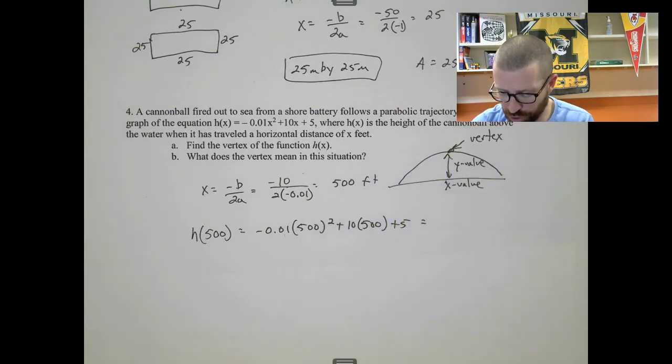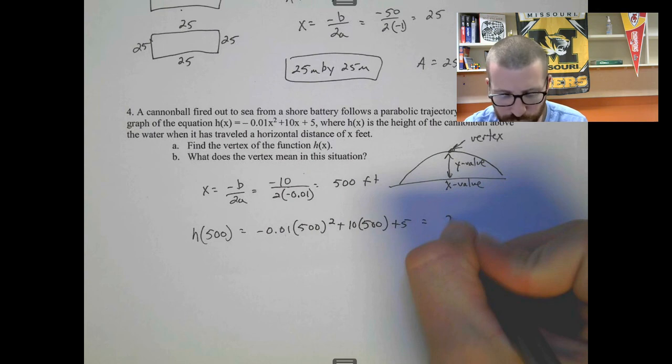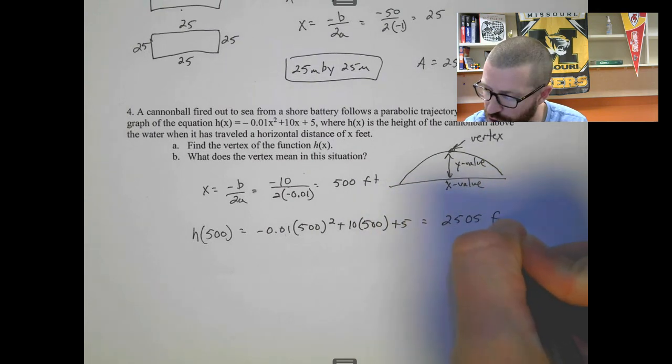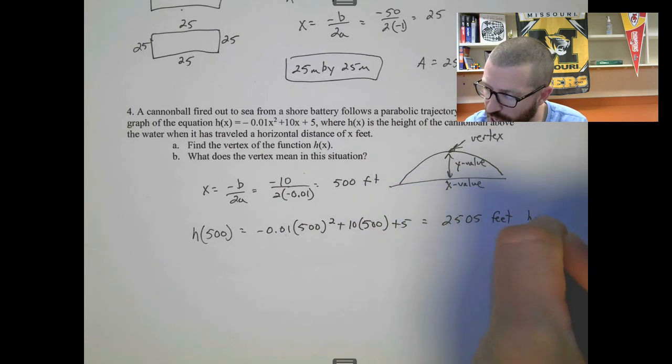You can type this whole thing in: negative 0.01 times 500 squared, plus 10 times 500, plus 5. So I got 2,505 feet, and this would be the maximum height.